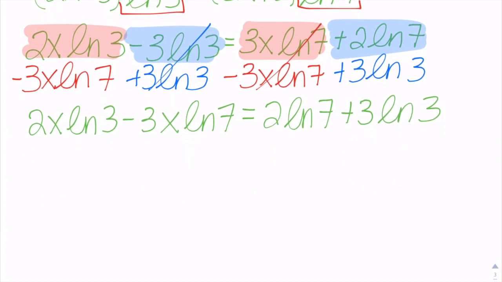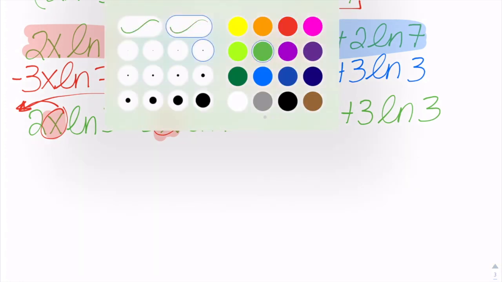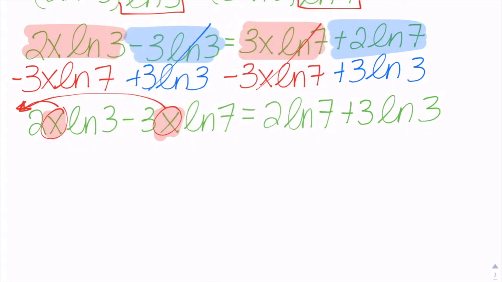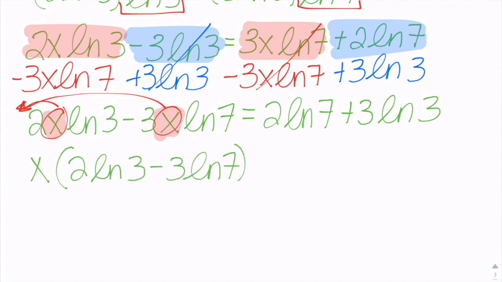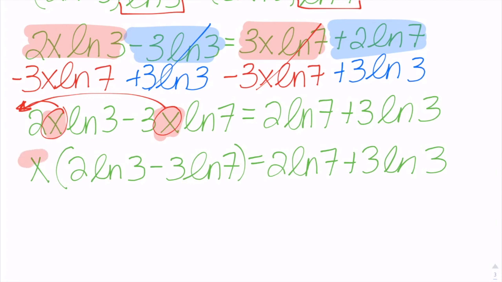Now from here, if you notice, you have an x in each of these terms. So we can take those x's and we can factor them out. And so we end up with x times 2 natural log of 3 minus 3 natural log of 7 equals 2 natural log of 7 plus 3 natural log of 3. And so now from here, we need to continue to solve for this x over here.